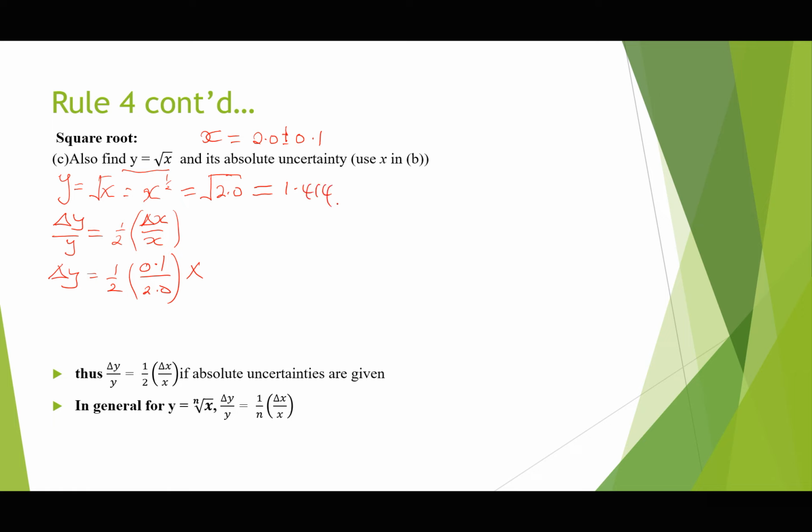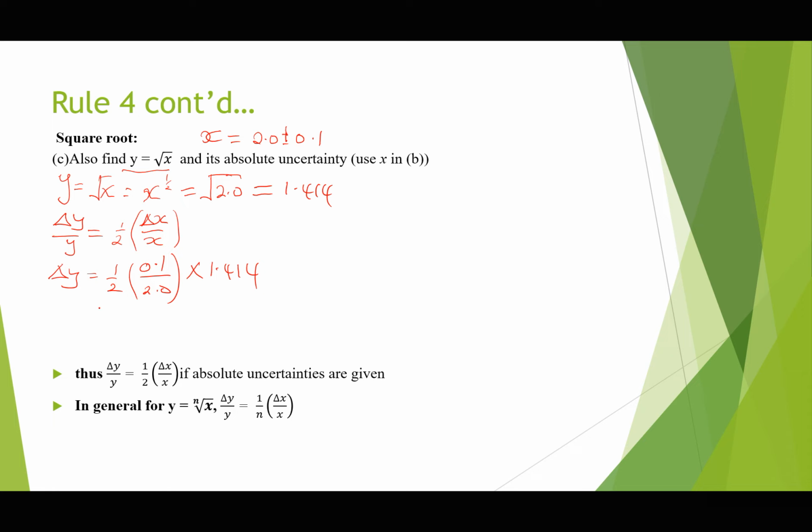So I will multiply here by 1.414 to get the absolute value: 1.414 times 0.1 divided by 4.